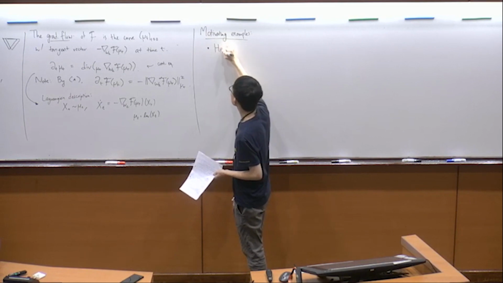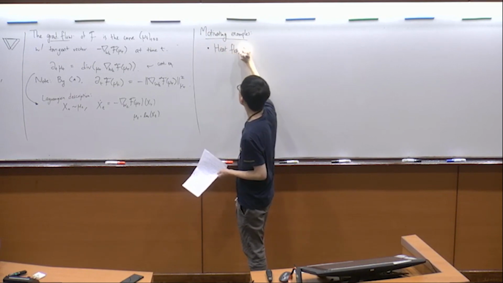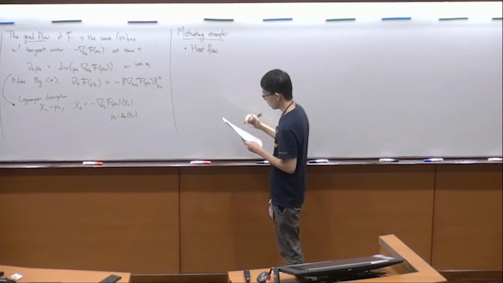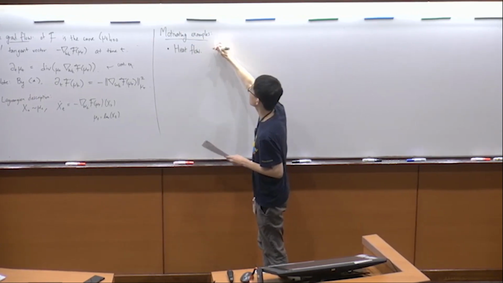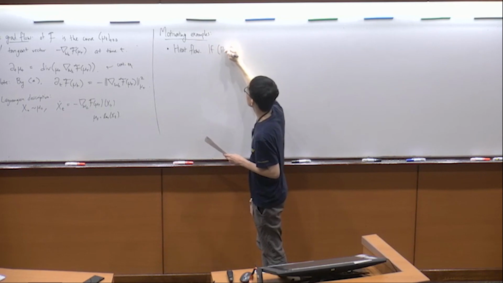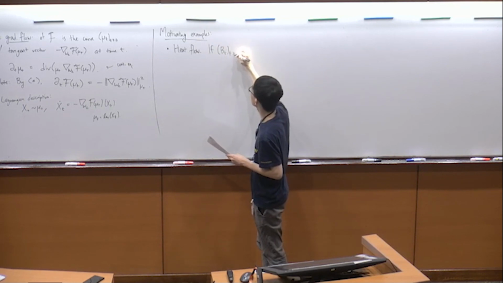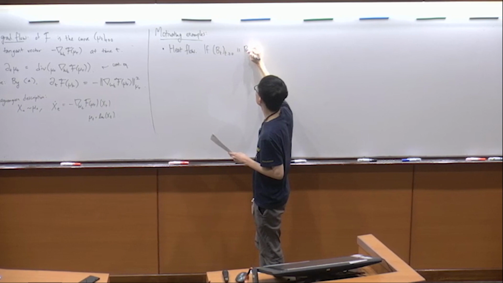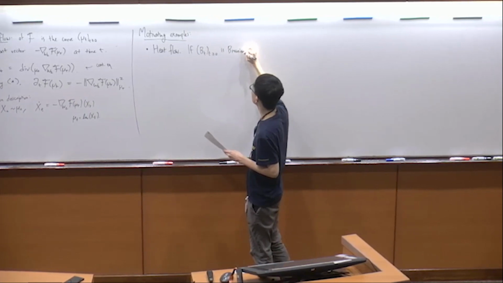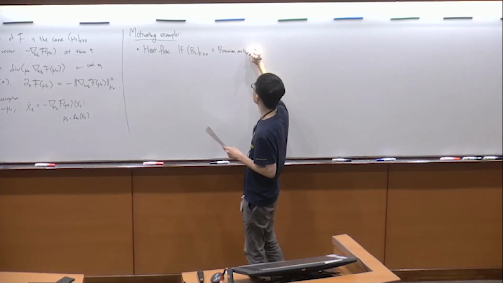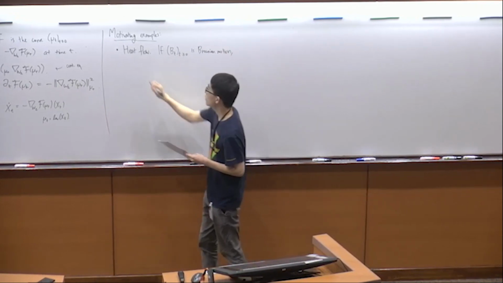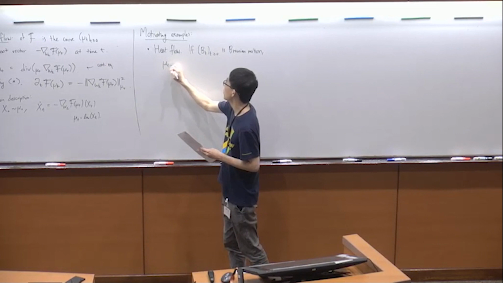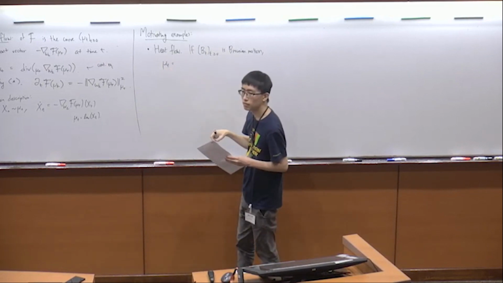The first one is the heat flow. Probabilistically, the heat flow has many guises, but if we take a Brownian motion, and we also let mu t be its law, what is the interpretation of this Wasserstein gradient?